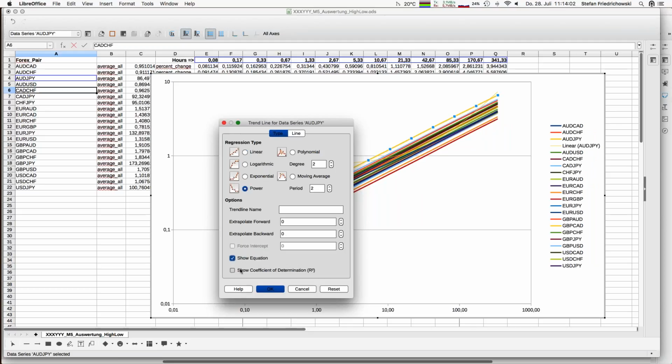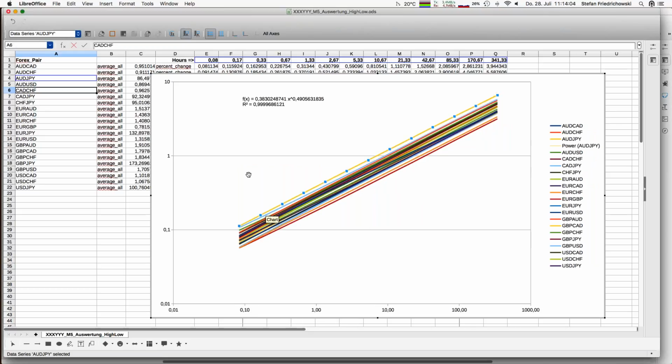I can show you just by one example, and we get that straight line, and the exponent here is once again close to 0.5.